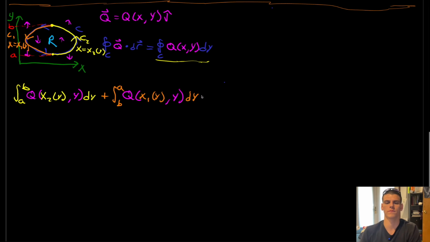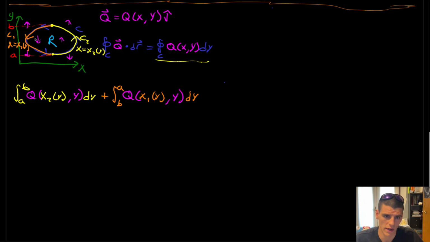So now, as you could probably figure from our last example, if we want to relate this to the area within the region, we need both of these to be integrating from the lower y bound to the higher y bound. So this one's already good. It's already starting at the lower bound, going up to the higher one. That's fine.